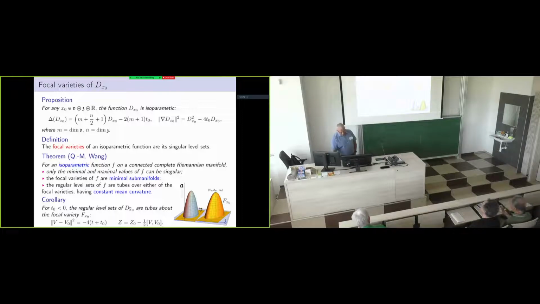Namely, the minimal value: d_x0 will have non-negative values, and the only singular value of it will be 0. And the equation of the corresponding focal variety is this equation.